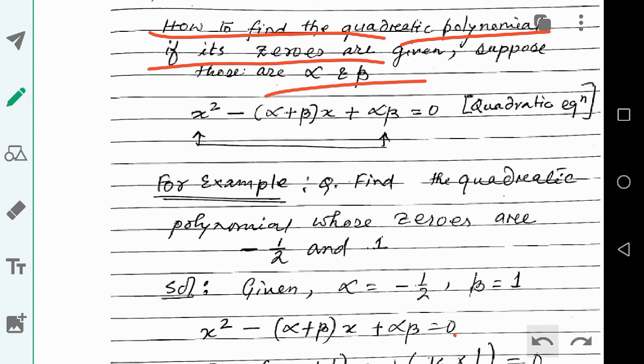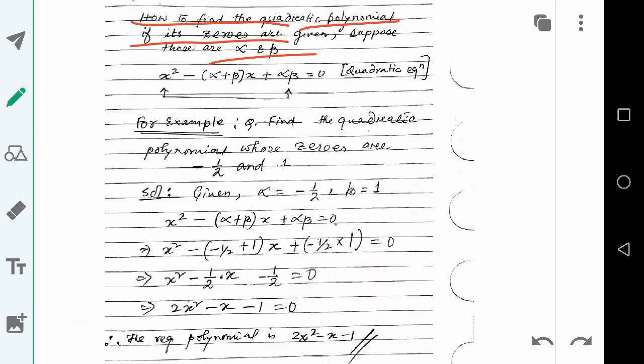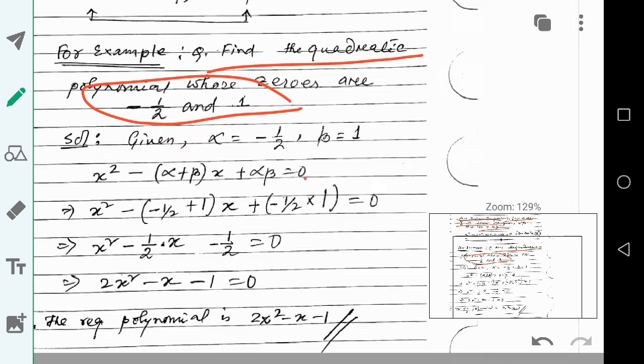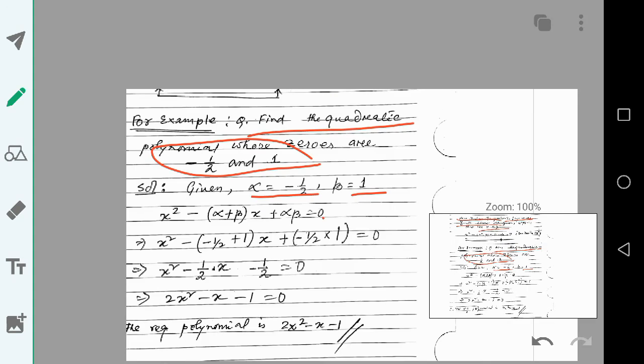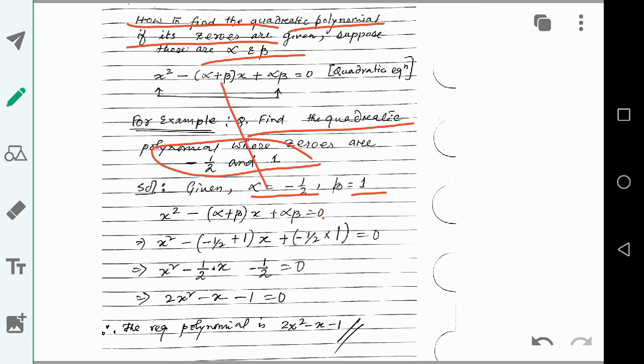For example, suppose we need to find the quadratic polynomial whose zeros are minus 1/2 and 1. These are the zeros directly. So alpha is equal to minus 1/2 and beta is equal to 1. Now put these values of alpha and beta here.